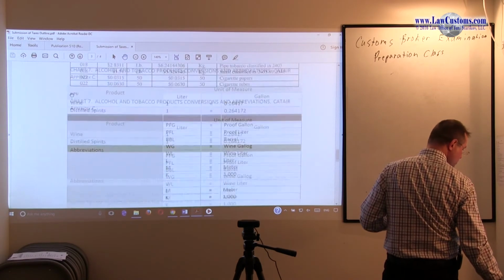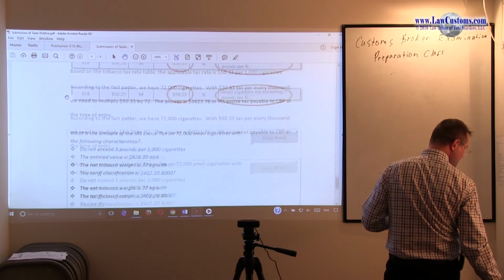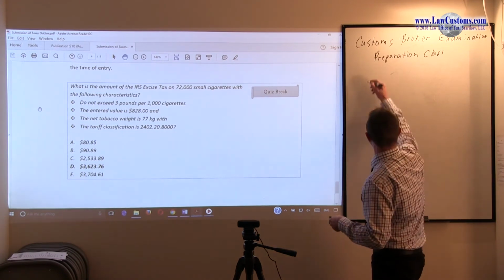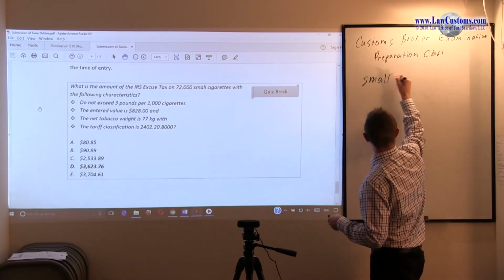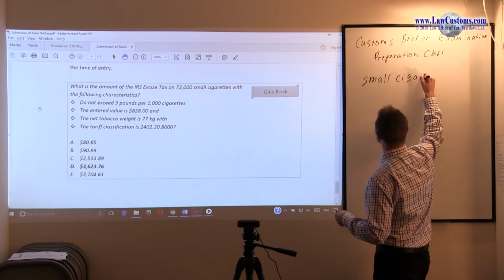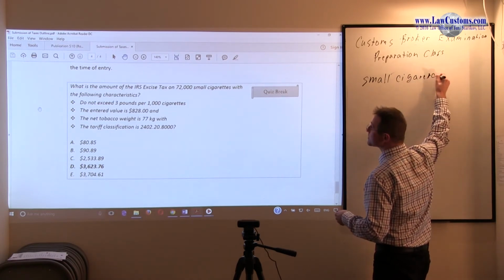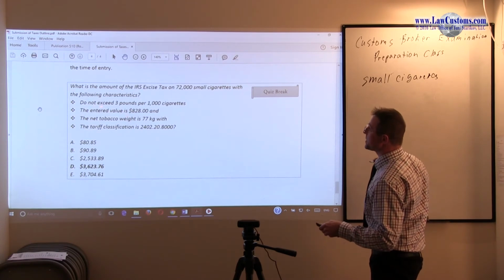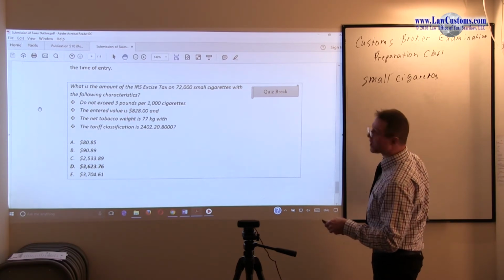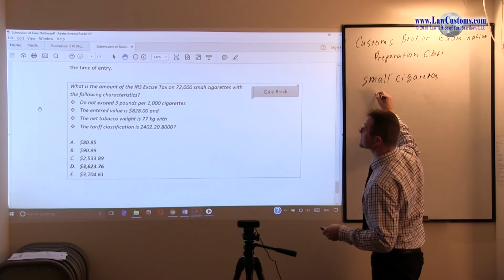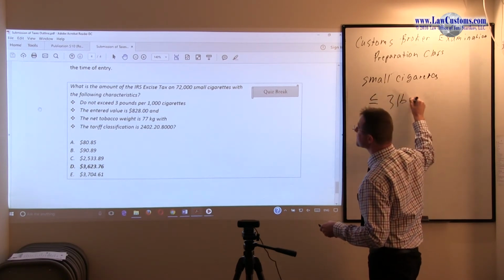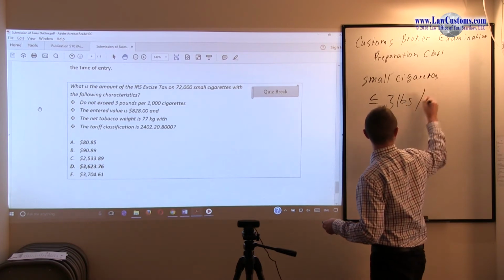So going back to the question, the buzzword is small cigarettes, right? Then we have characteristics where they do not exceed 3 pounds, so it's less than or equal to 3 pounds per 1,000.